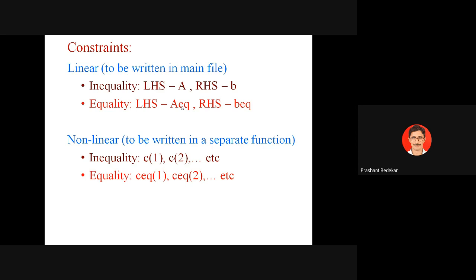Leave it as it is written. But in case of non-linear, you have to transfer the entire thing to the left hand side. Non-linear inequality and non-linear equality are to be written in a separate function. As we did in this particular case, we had a separate function named Bhalu, and there we wrote the non-linear constraints.